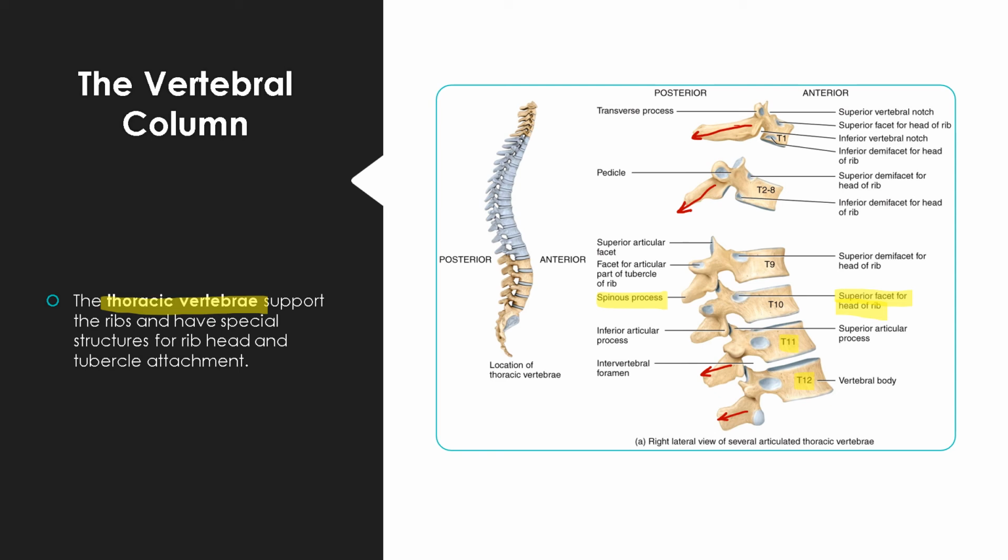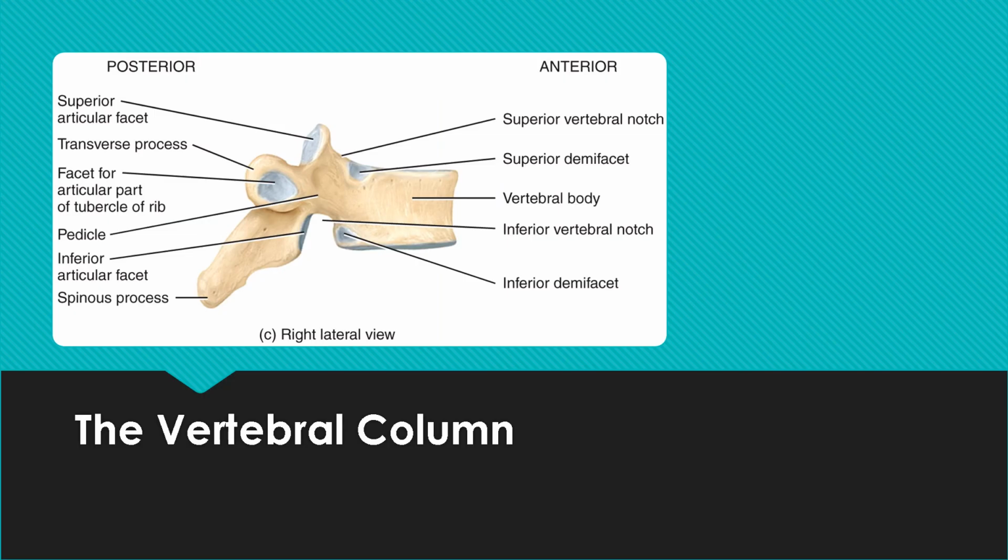So these are also called costal facets. So costal means rib. So remember that the feature of the thoracic vertebrae that distinguishes them from other vertebrae is that they articulate with the ribs. Except for T11 and T12, the transverse processes of the thoracic vertebrae have costal facets.